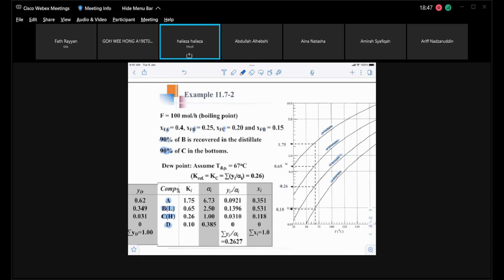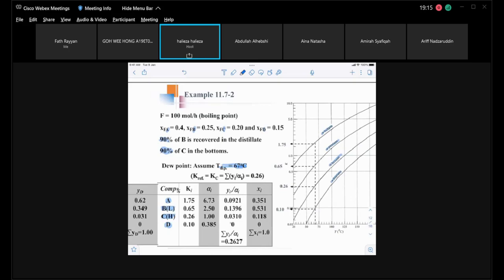We already managed to find the dew point, which is 67 degrees C, after we calculated the composition of the distillate based on the distribution of B and C given. We assume that all of A will be in the top product, which is the distillate, and all of D, which is the least volatile, will be in the bottom.